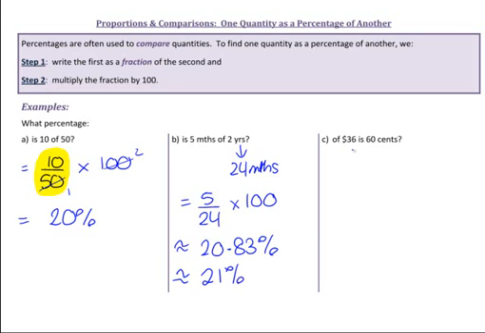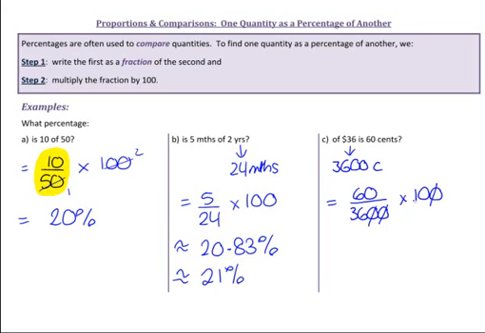Okay, next, $36 of $36 is 60 cents. Now note this is written the other way around. Is 5 months of 2 years? This is 60 cents of $36. So first of all, I need to change that $36 into cents. So that's going to be 3,600 cents. So it's going to be 60 over 3,600 times by 100.